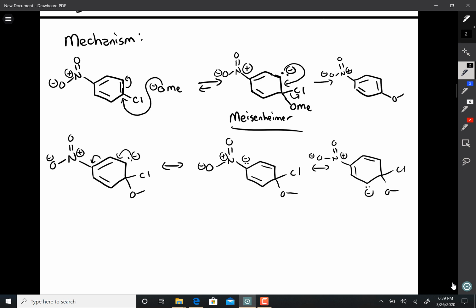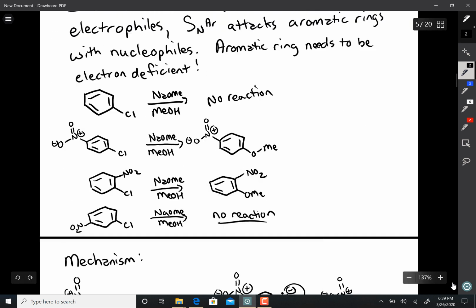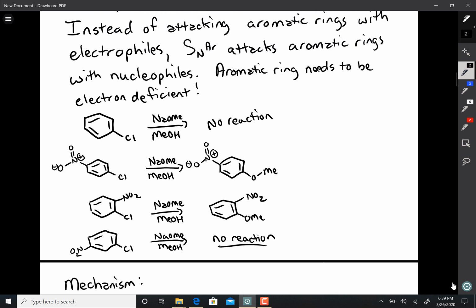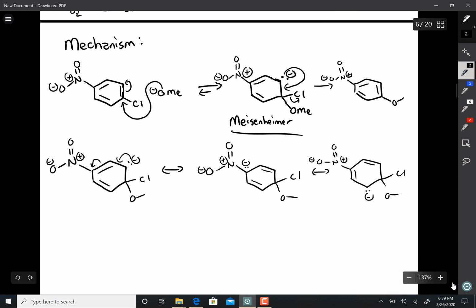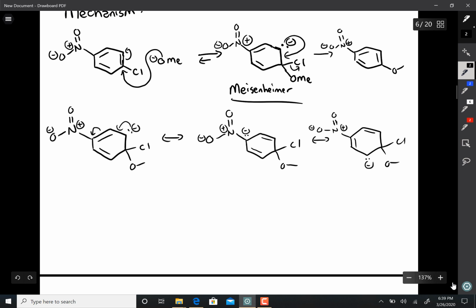But the key to this, and the reason why you need the electron withdrawing group ortho or para to your leaving group, is that when it's ortho or para, you have an additional resonance structure where you can put the electrons up into the electron withdrawing group.